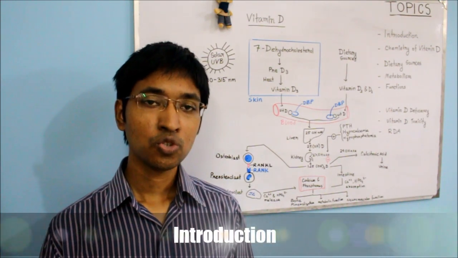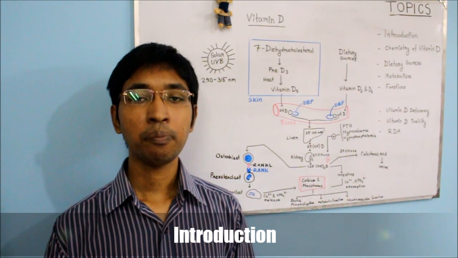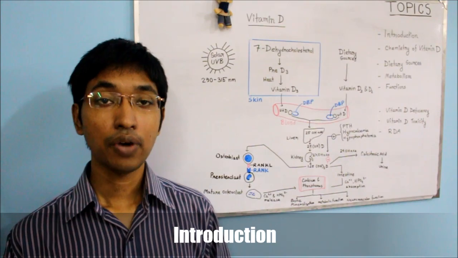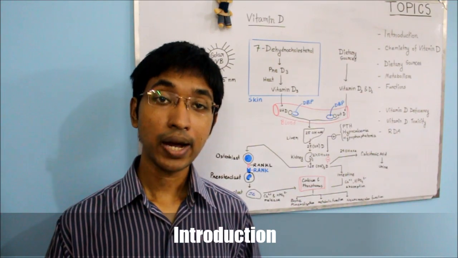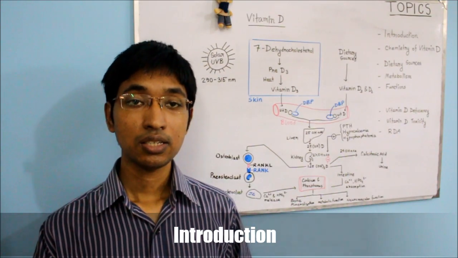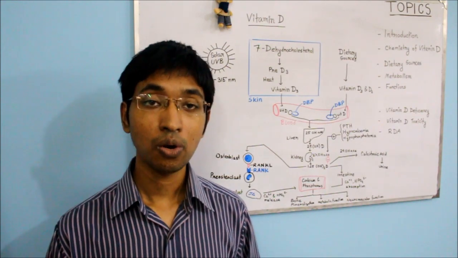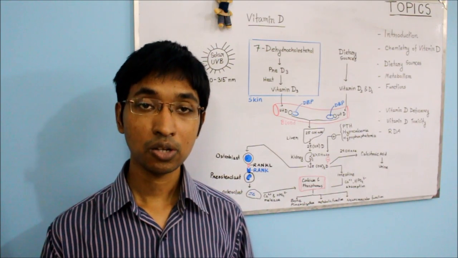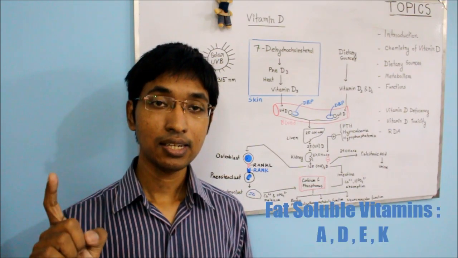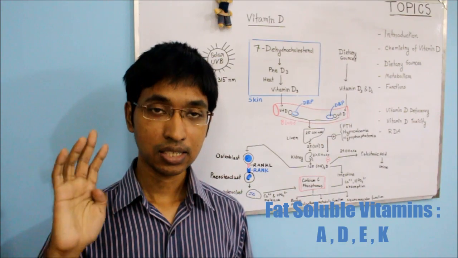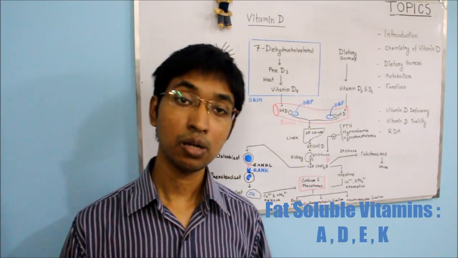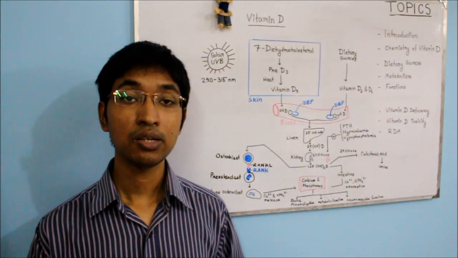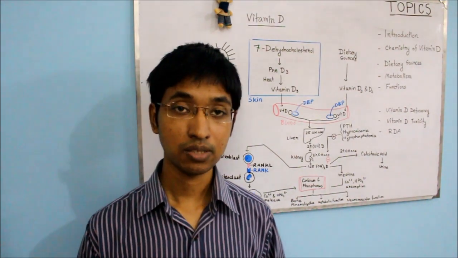So first, we will talk about some introductory points regarding vitamin D. Now, always remember, vitamin D is one of the fat-soluble vitamins. And if you have seen my previous video on vitamin A, you will recall that fat-soluble vitamins included vitamin A, D, E and K. So these were the fat-soluble vitamins, and vitamin B complex and vitamin C, they were the water-soluble vitamins.